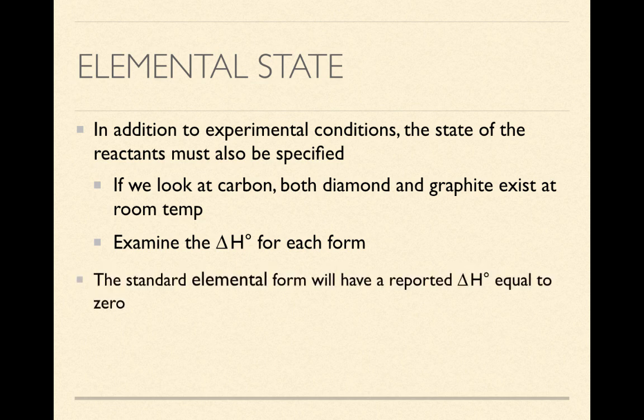We know the standard elemental form for that standard set of thermodynamic conditions because that delta H will be equal to 0. So the standard elemental state for an element will have a delta H that is equal to 0.